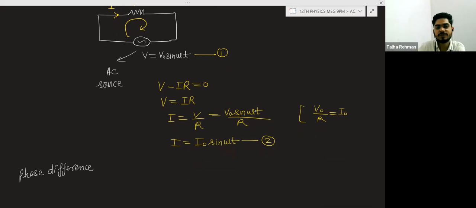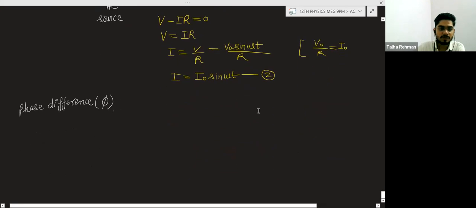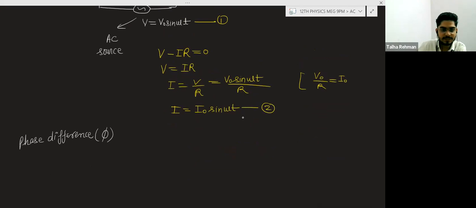I will represent this phase difference with phi. So phase difference is the mod of the phase of voltage minus the phase of current.